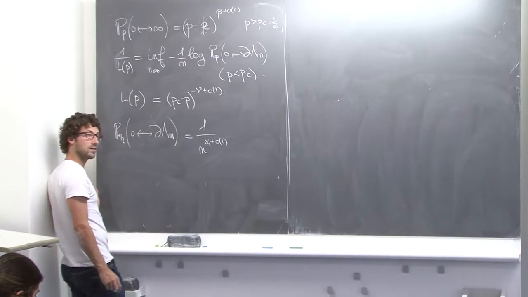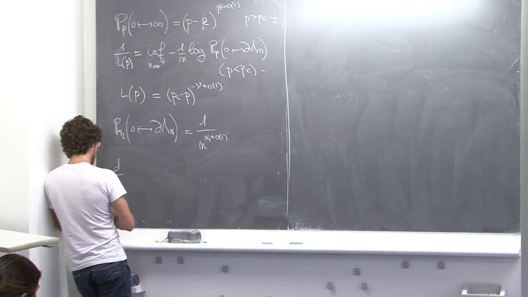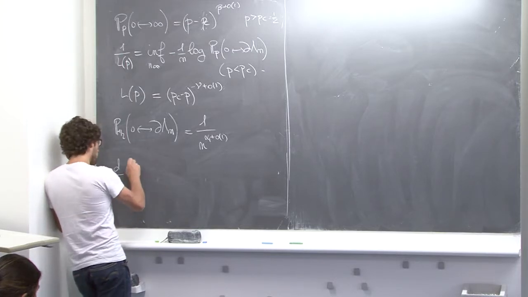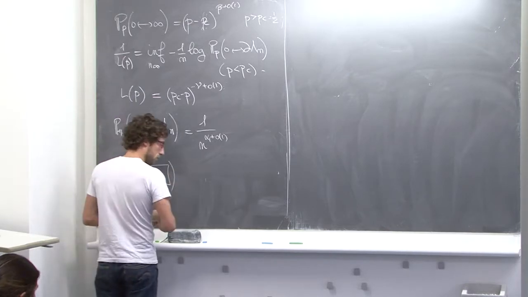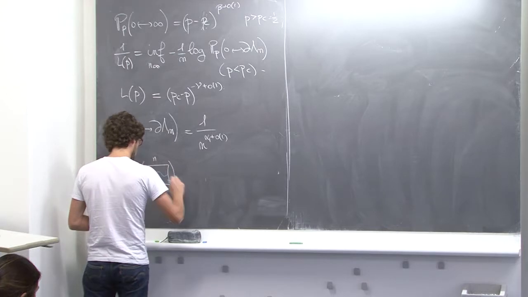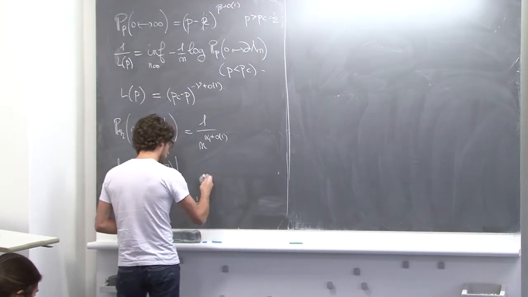And let me give you a last critical exponent. You can look at the derivative of the probability at 1/2 of crossing a box of size n times n. So you look at that, and you look at p equal 1/2.